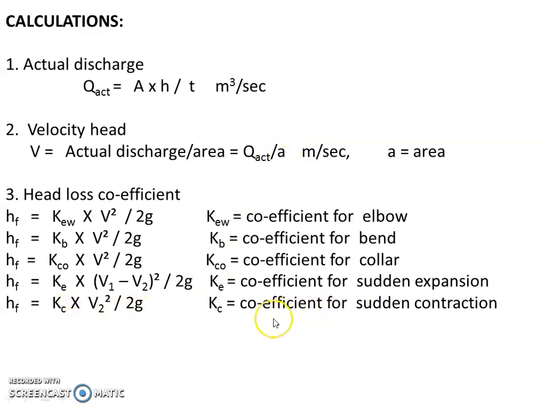And finally, the coefficient for sudden contraction can be found out using the equation HF equal to Kc into V2 square divided by 2G, where V2 will be Q actual divided by A2, where A2 is the area of the smaller diameter pipe. Thank you.